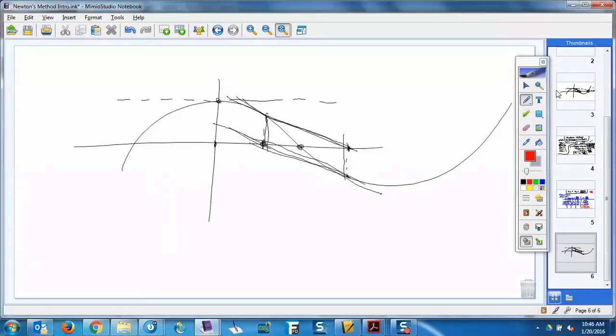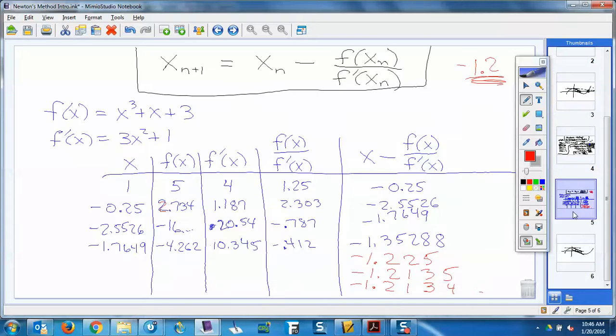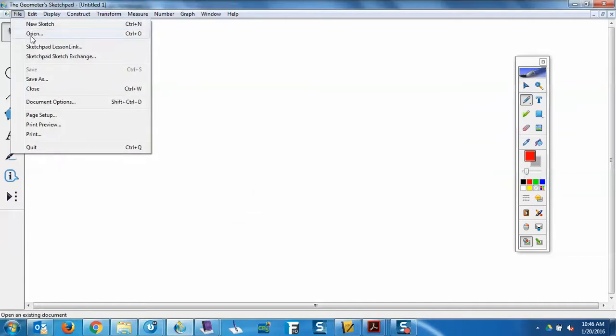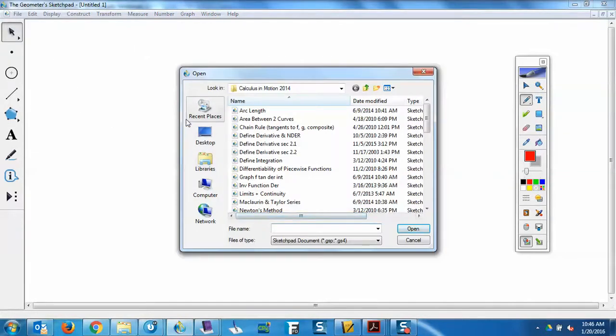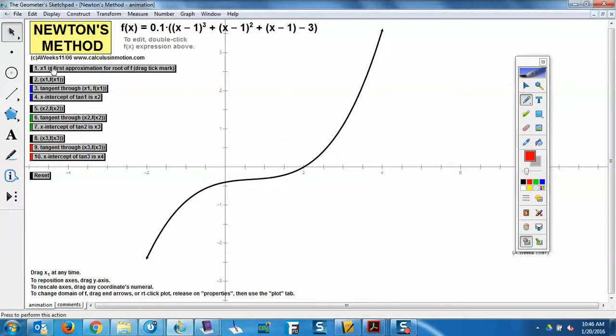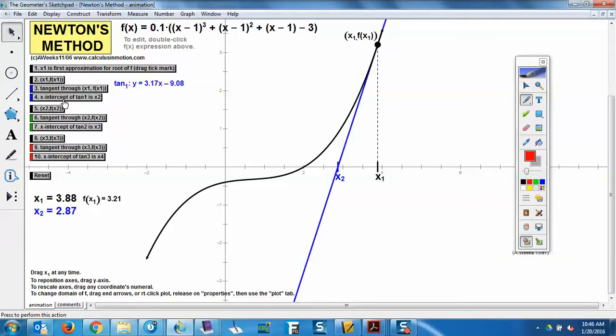So what was going on with this is we were writing that tangent line. We make a guess. We ride that tangent line down to the x-axis. So when we're doing that last column, we're finding the place where that tangent line crosses the x-axis. We're hoping it's close to the actual root.